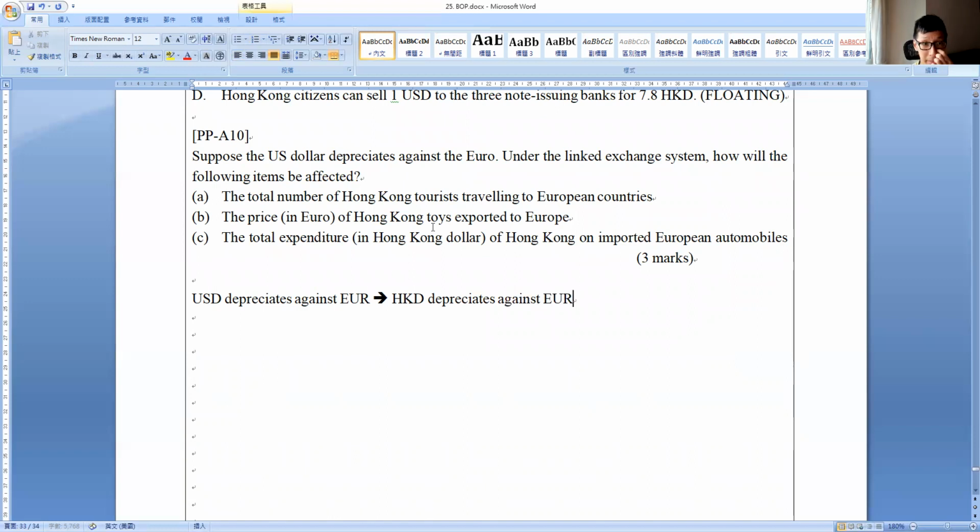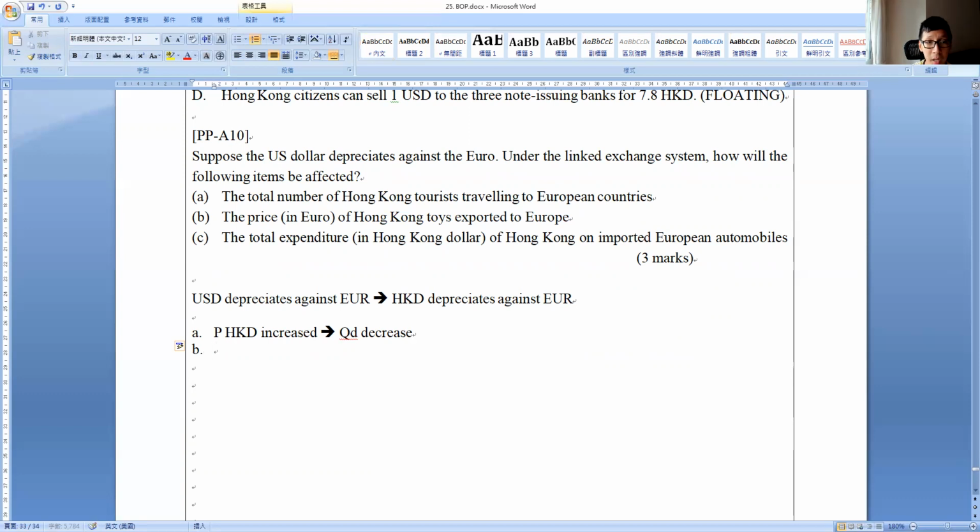Okay, so what happens is that the total number of Hong Kong tourists traveling to European countries. Now, because we depreciate, so the price in terms of Hong Kong dollar would have increased. Now, therefore, right, our quantity demanded would decrease according to law of demand. 貴咗啊嘛，咁梗係唔去咁多歐洲啦。So it should decrease.